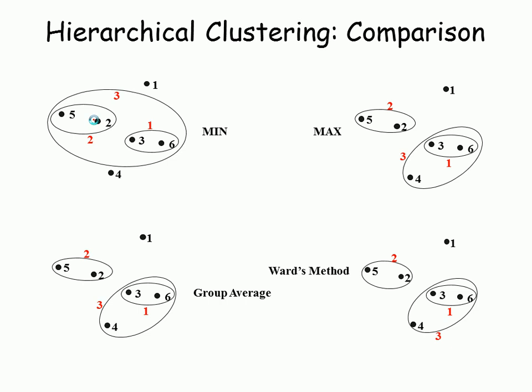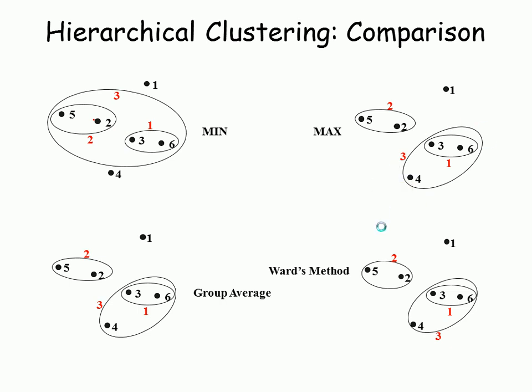So in the first example, where you define distances in terms of the minimum distance, the second and the third points are going to be closest to each other. So that distance is going to be smaller than this distance right here. That's why the minimum method will cluster those points, and the maximum method will cluster these points.